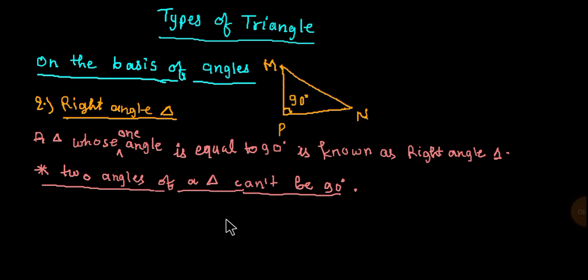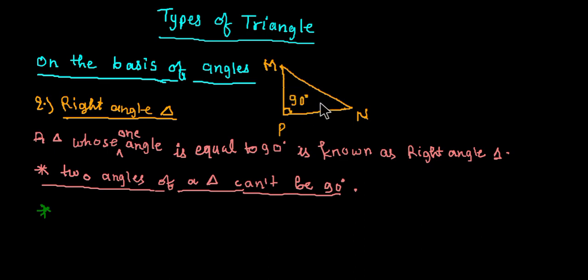Here is another point that should be noted down: the sum of its other two angles is always 90 degrees. Because from the angle sum property, the sum of all the angles of a triangle is always 180 degrees, and here one angle is 90 degrees.